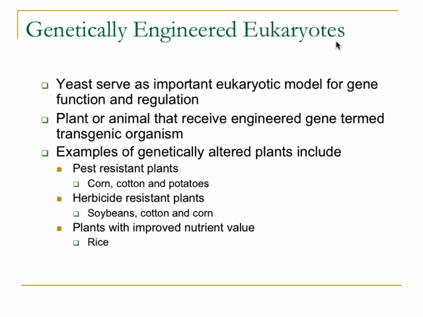So the bacteria might not be able to produce a functional protein in all cases. You may need a eukaryotic organism to be your transgenic organism. And so yeast can also be very important for serving as host organisms. Also, you may need to be able to clone a larger fragment of DNA, in which case the yeast chromosome could serve as a useful vector.